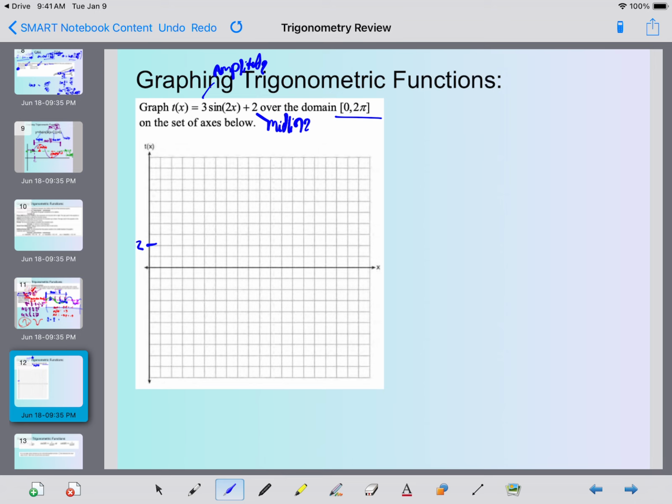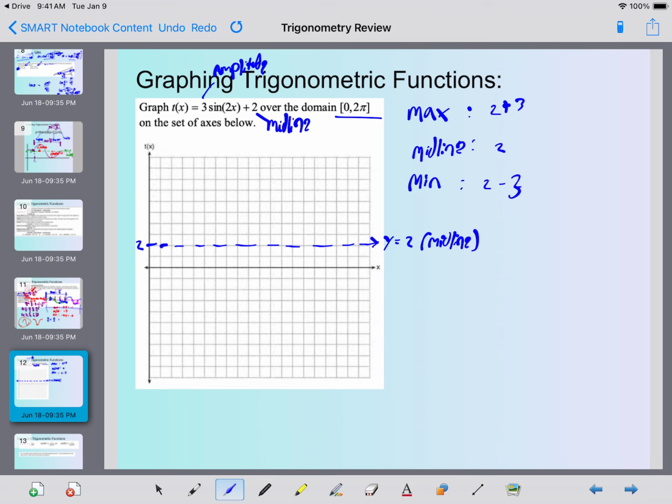I like to draw my midline. The amplitude is 3. So the midline is at 2. Your maximum and your minimum will be 3 up and 3 below the midline. So 5, -1.